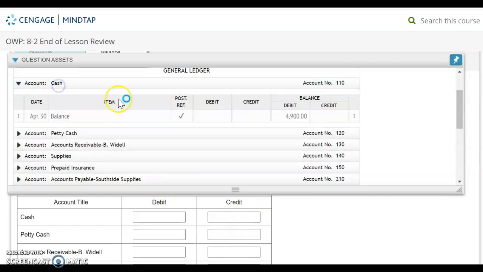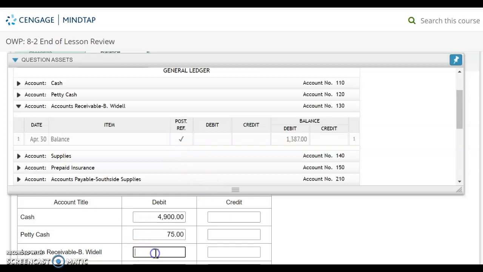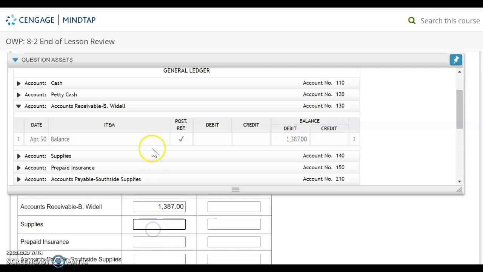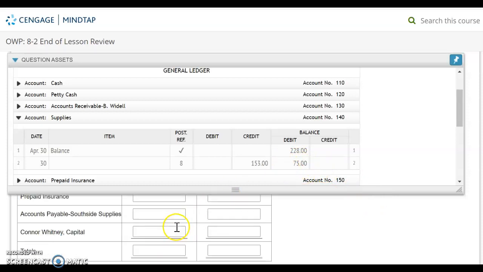So cash has a debit balance of $4,900. Petty cash, debit balance of $75. Accounts receivable, a debit balance of $1,387. Supplies, a debit balance of $75, so remember to go into that balance.